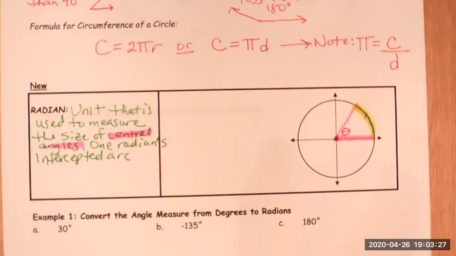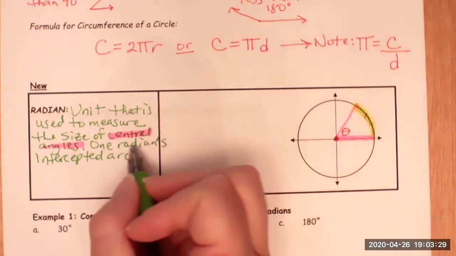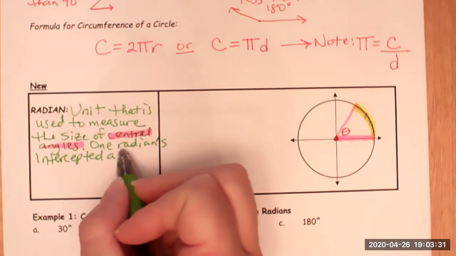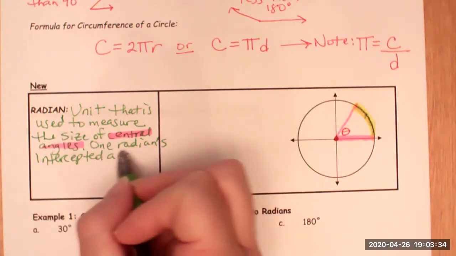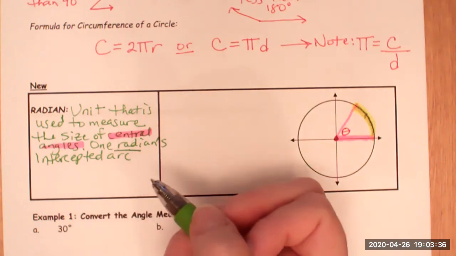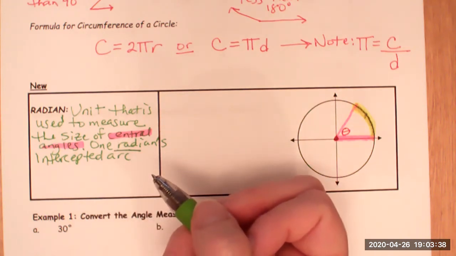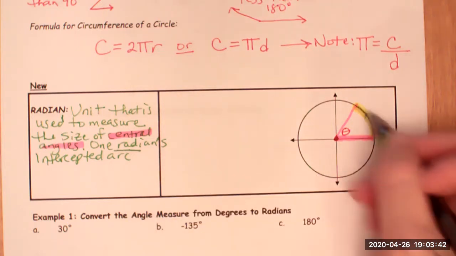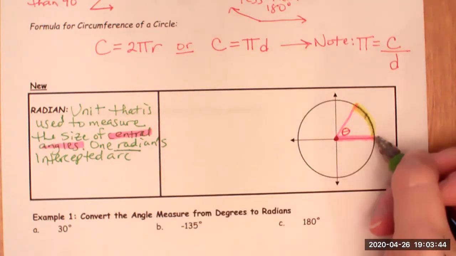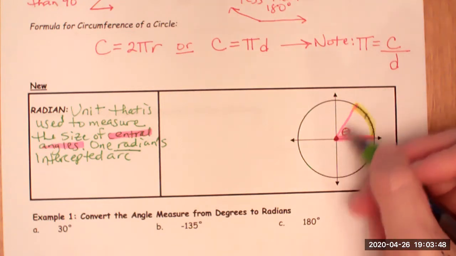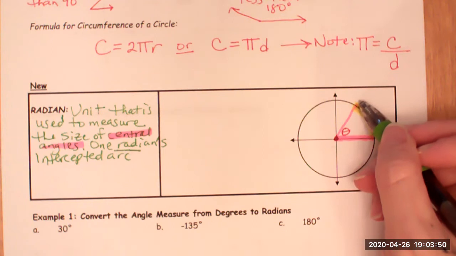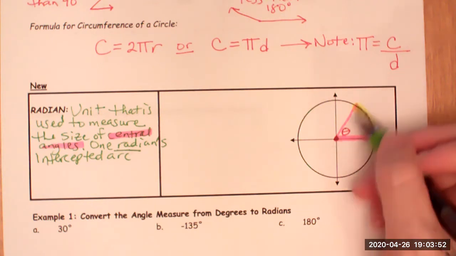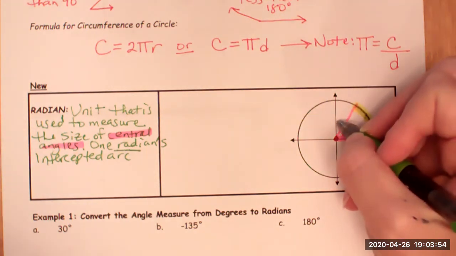Now, if you notice, the root of the word radian shares the same root with the word radius. So 1 radian's intercepted arc, this length right here, is actually going to be the same length as the radius of the circle. Here's a radius of the circle.